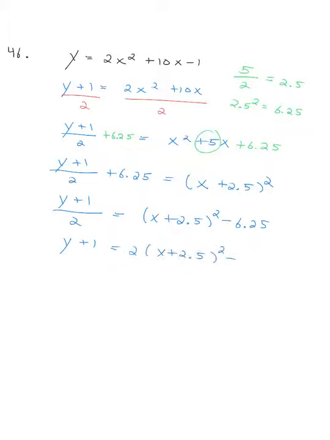So that's going to be 12.5. And then I subtract 1 from both sides. And this means my vertex is at negative 2.5, negative 13.5.